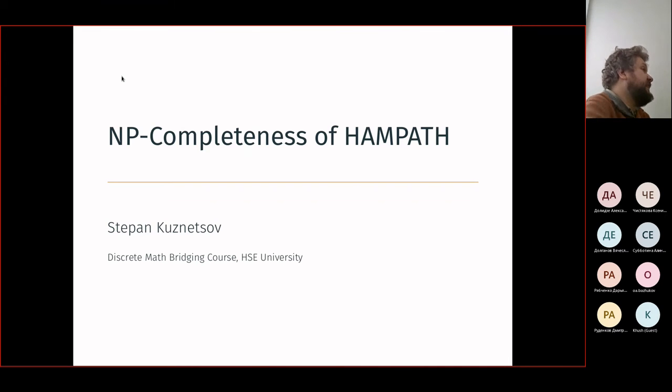We have already seen NP completeness proofs. The first and basic NP hard problem was SAT, right? It was the Cook-Levin theorem, and it was hard to prove because we had to reduce an arbitrary NP problem. Now we just do it by backwards reduction.